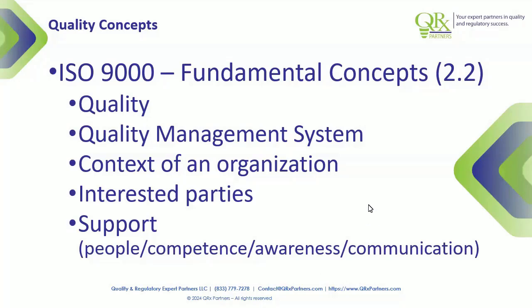Managing information, and then expanding this support area for the people aspects of support. So all of these are the feedback of what people have questions about often. And so in this next revision of ISO 9000, you're going to see the expansion of those things to help organizations understand what the quality management system requirements are meant to do. Okay.